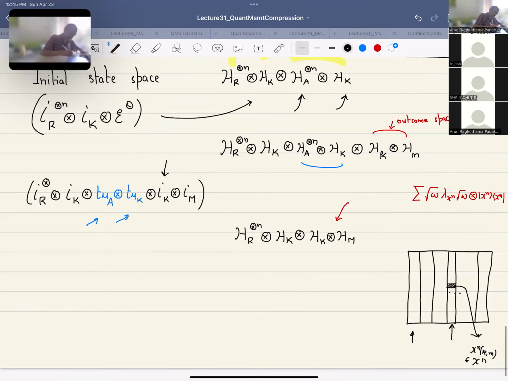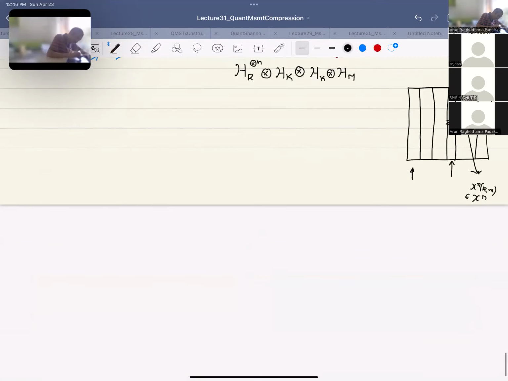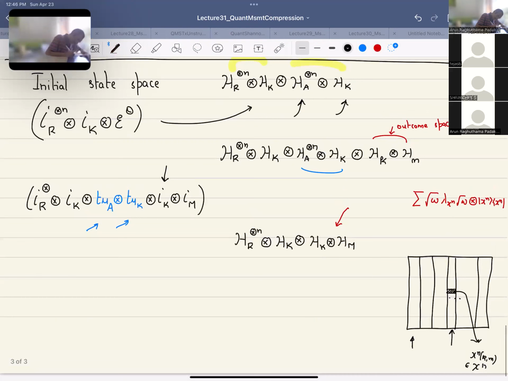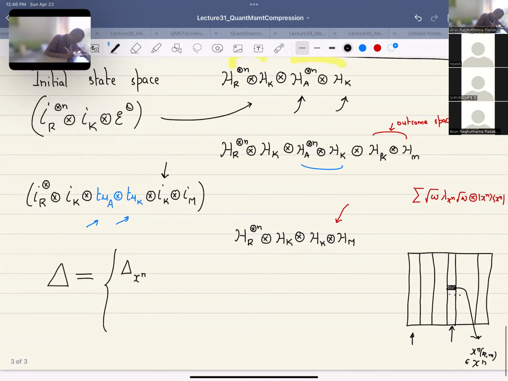So what is Bob's measurement? Bob will do a measurement. His measurement will have operators, right? I'll call that delta for decoding. Delta, what are the outcomes? Whenever I write a POVM, under the subscript of the operator, I write the outcome of the operator. So delta xn, where xn is my outcome.